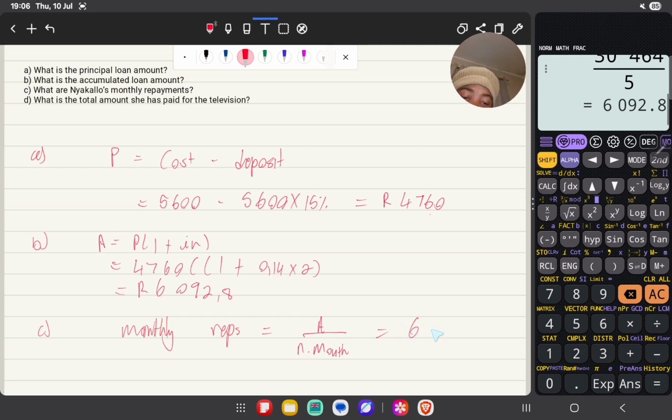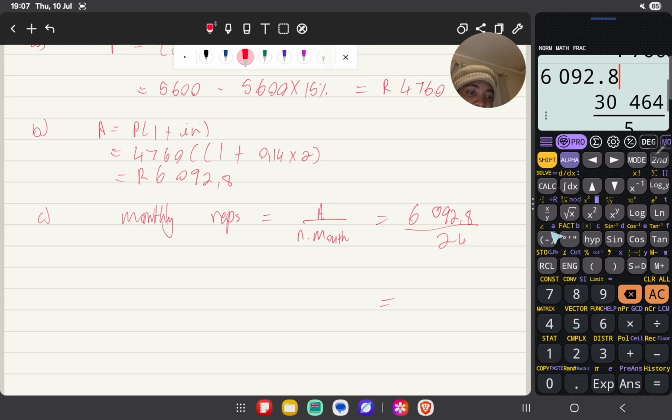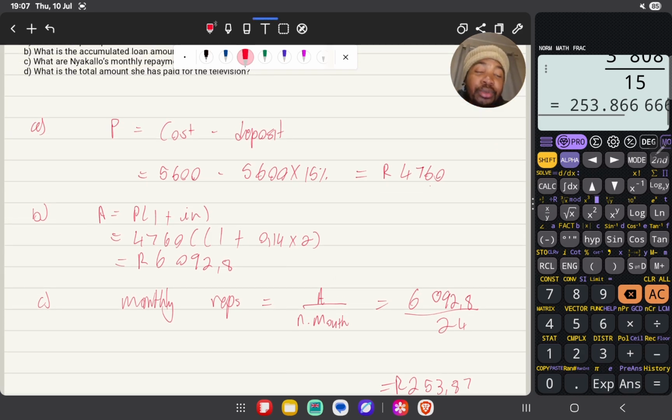So therefore, 6,092.8 divided by 24 months. And we get 253.87 rands. That's how much money we will be paying per month.